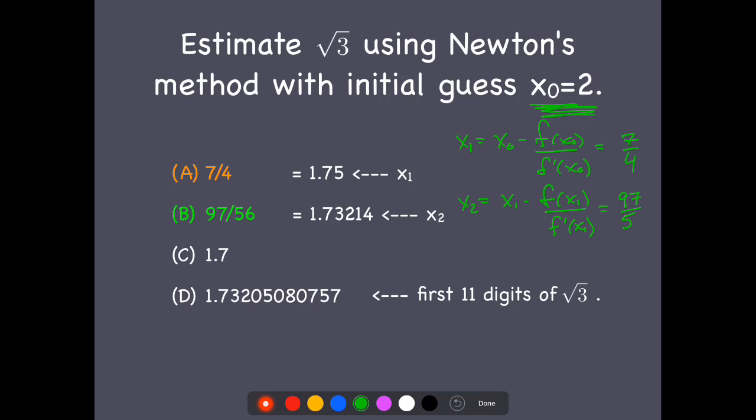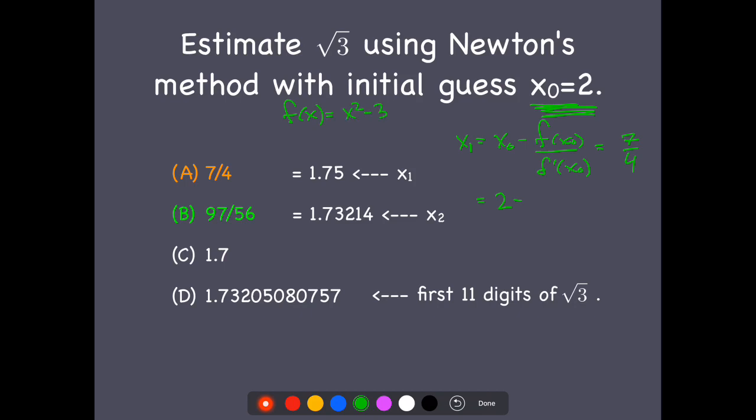Okay, I won't go through the details, but basically with the first one you would have, let's go back here and make some space. So x0 is 2 minus, now f of 2, remember our f function, f of x is equal to x squared minus 3.